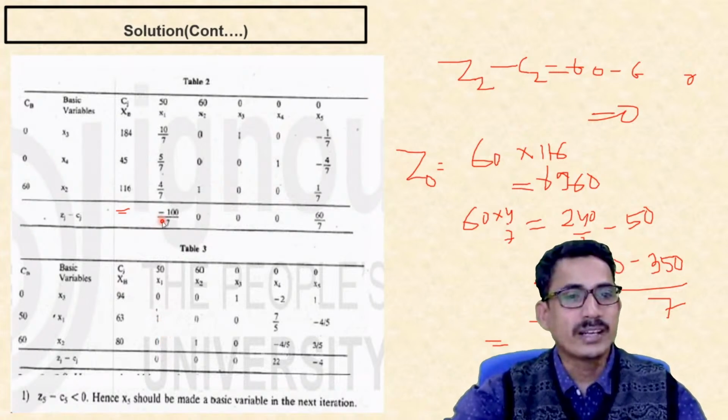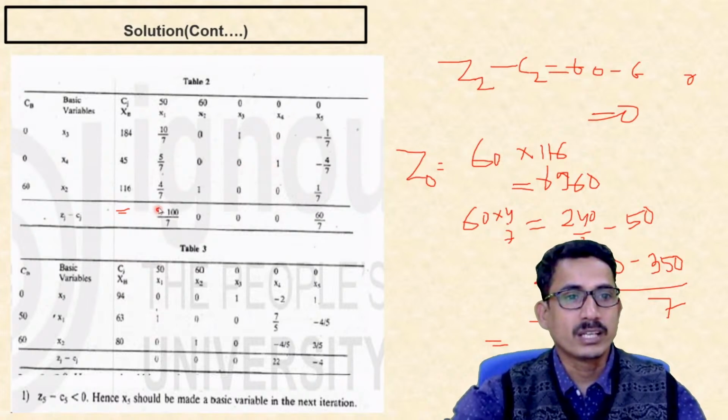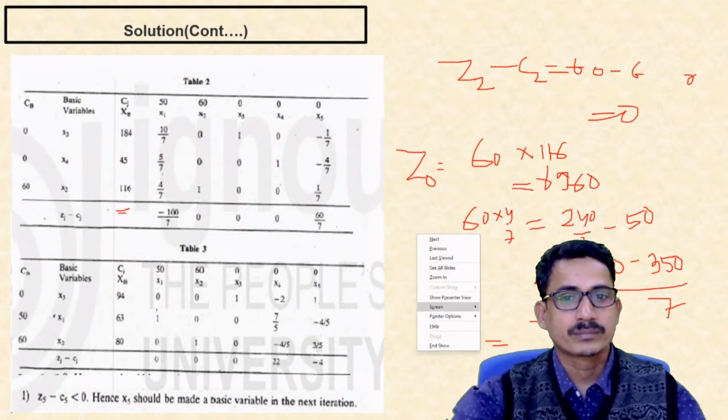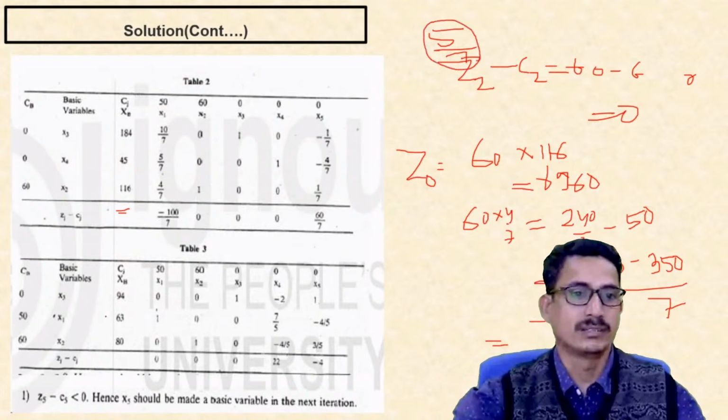Now, I told you which one is the key element. Check. This is incoming, x4 is outgoing. This is the outgoing row, this is the incoming column. The cross position is this one, which is 5 by 7. This 5 by 7 is the key element.